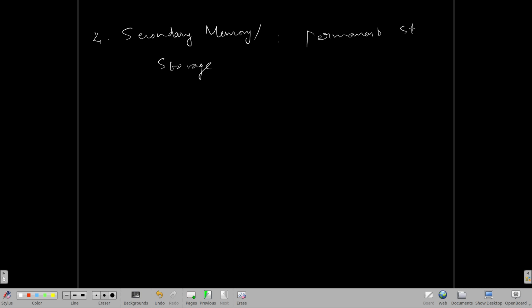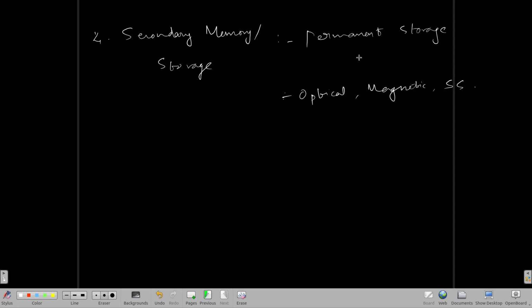And what kind of technologies are used? Optical, magnetic, and nowadays many new machines are having solid state SSDs, right? Solid state devices.